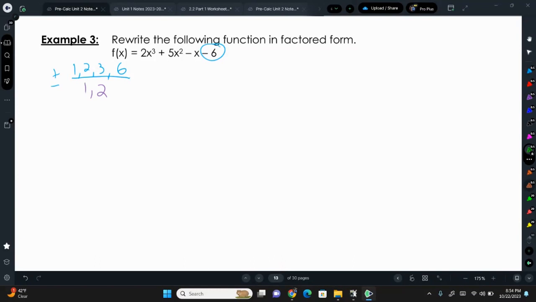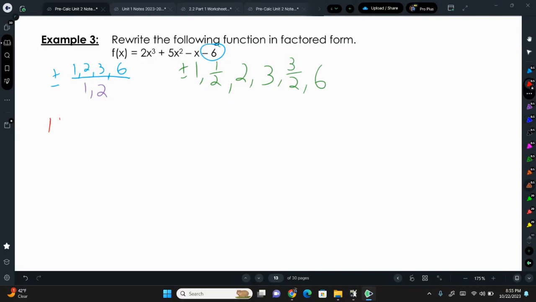So we have 1 over 1, so plus or minus 1. 1 over 2, so 1/2. 2 over 1. 2 over 2 we don't need to write down. 3 over 1. 3 over 2 we'll write down. And then 6 over 1, write down. And then 6 over 2 is 3. So we have 12 possible zeros because we also have the negative.